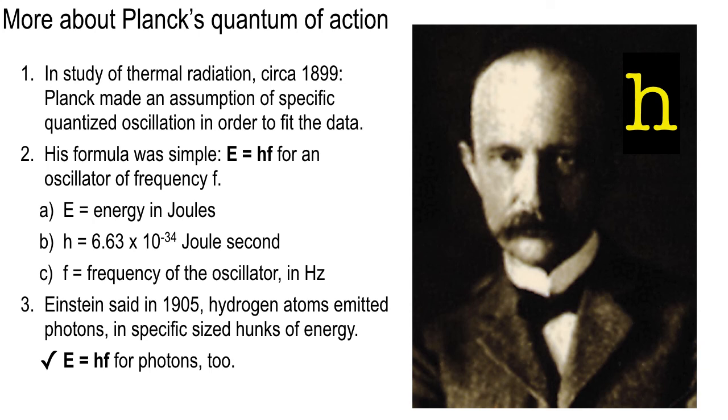But here's the problem. Why is it that only certain energies are allowed? And write this sentence down. Darian, you can grade that now. Why is it that only certain energies are allowed?